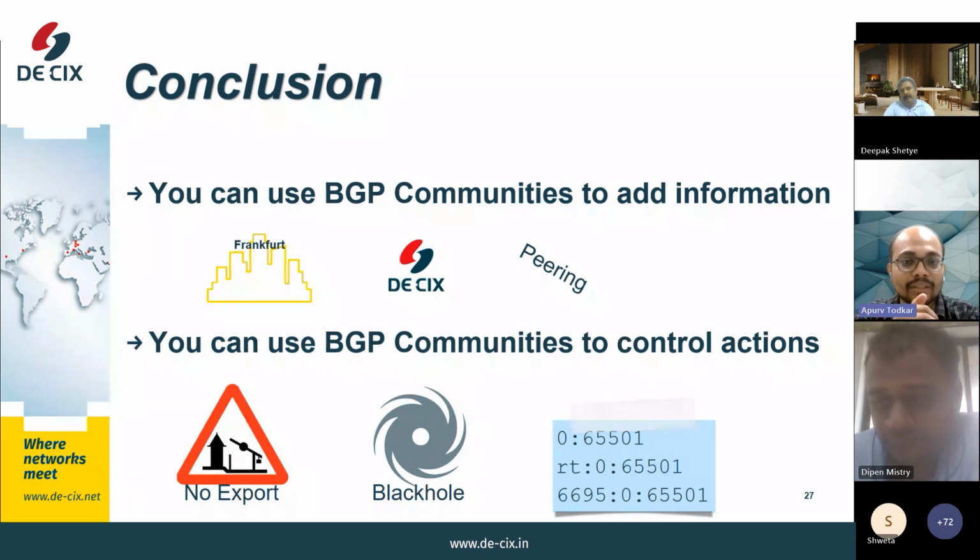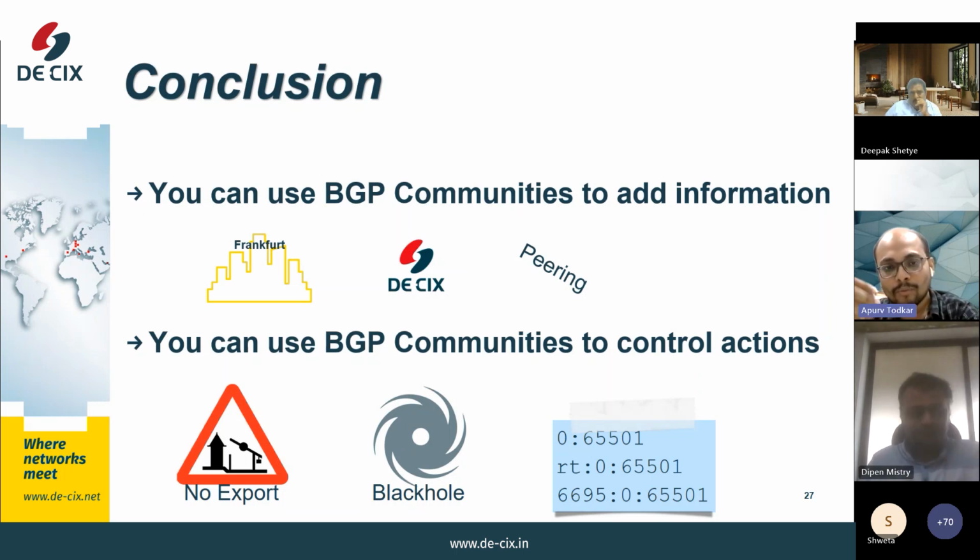So if you haven't used any BGP communities yet, you can start using them in your own network, in your lab setup. So adding the geographical information and any of the sort of values that you want, and have a test setup to see how it goes and how the prefixes are propagated and blocked in your local network. And some controlling actions that you can apply, like I said, there's no export, black holing policies, then there are many more to it.